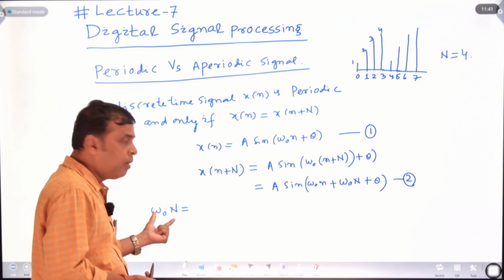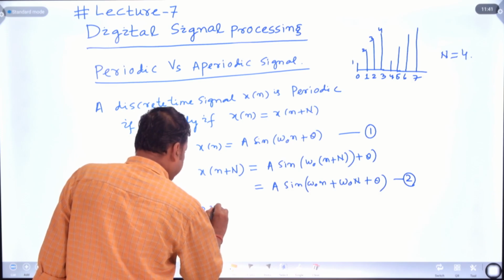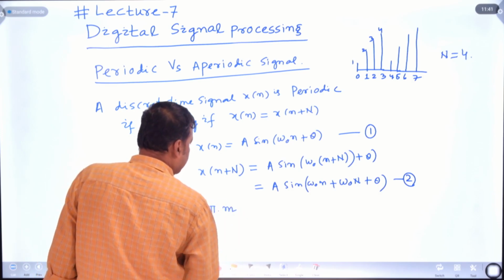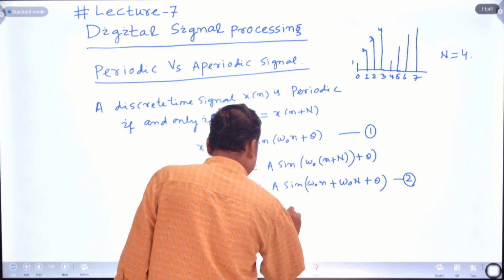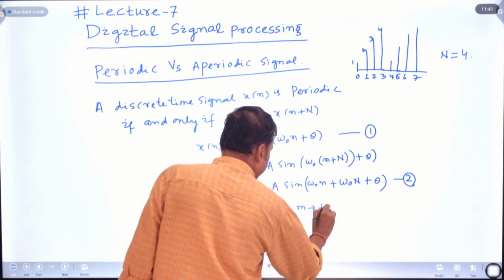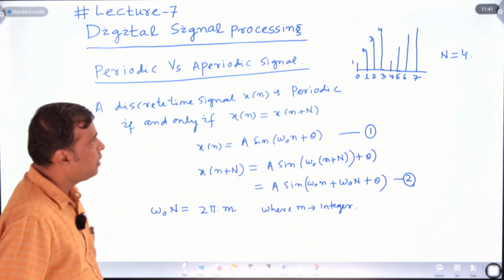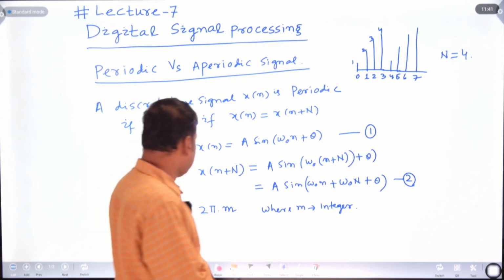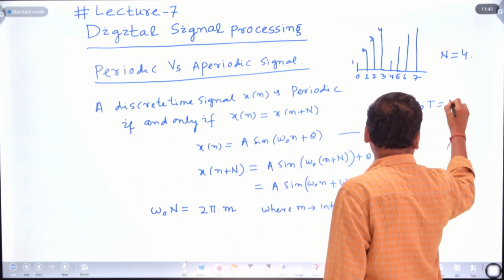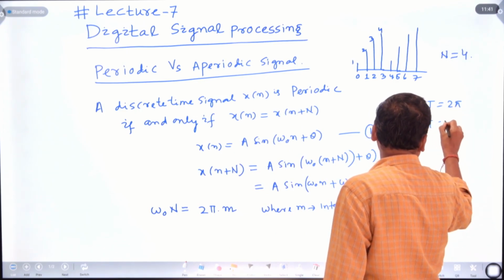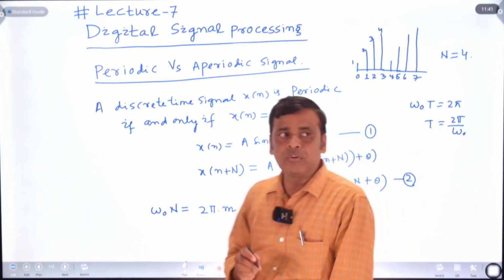In case of a discrete time signal, omega 0 N is nothing but an integer multiple of 2 pi, 2 pi into m, where m is an integer.